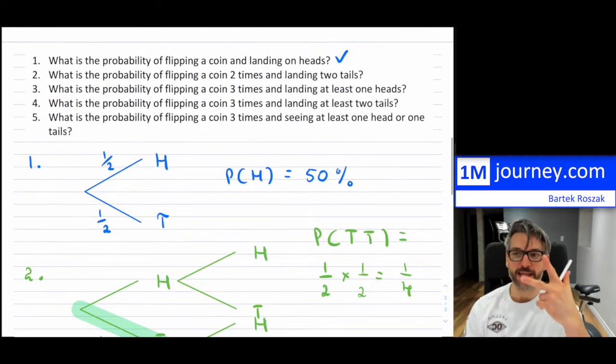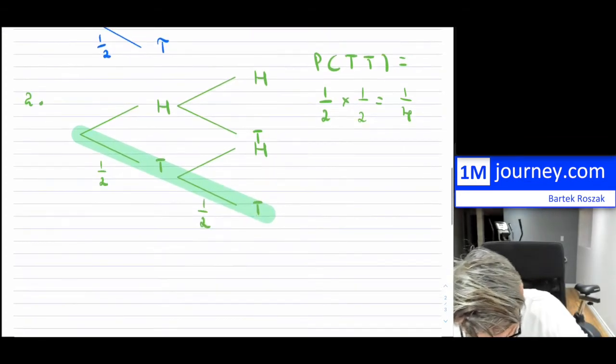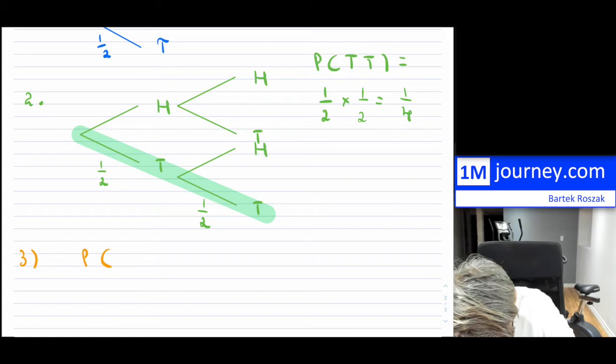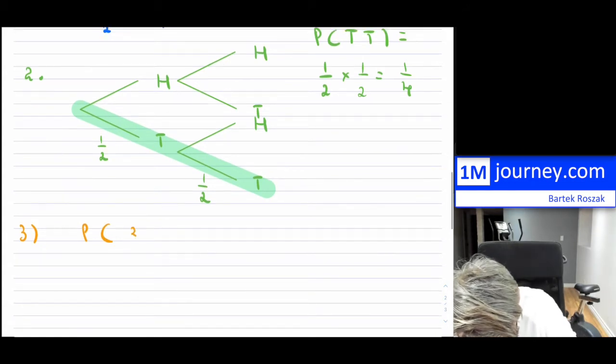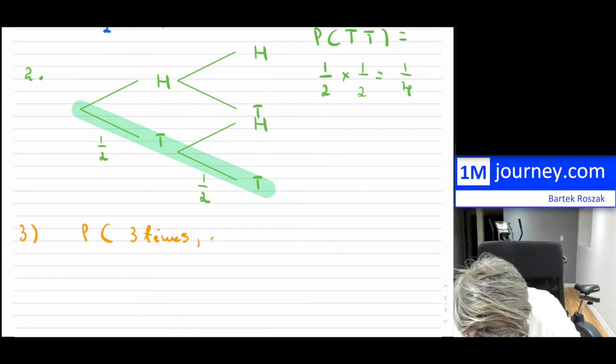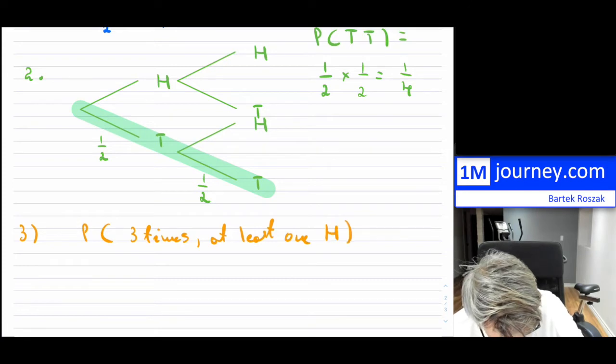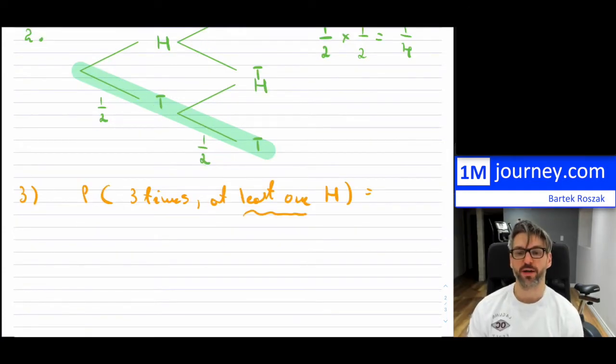Question number 3. What is the probability of flipping a coin 3 times and landing at least 1 heads? All right, so for this one, whenever I see at least 1, I like to use complements.